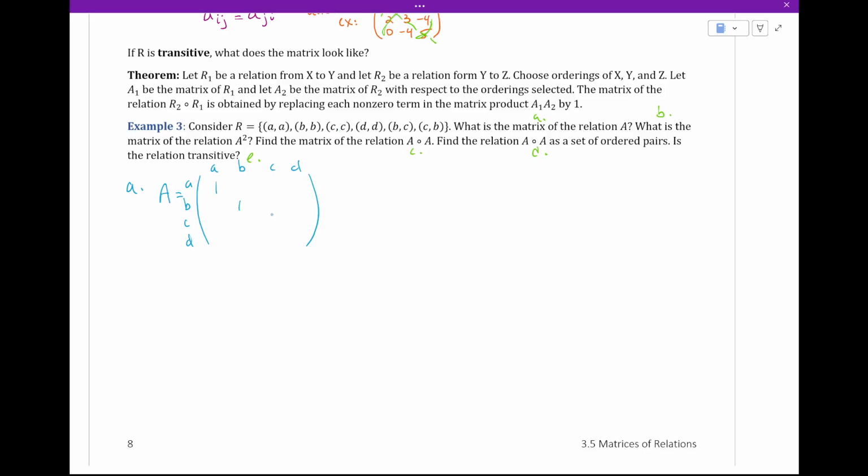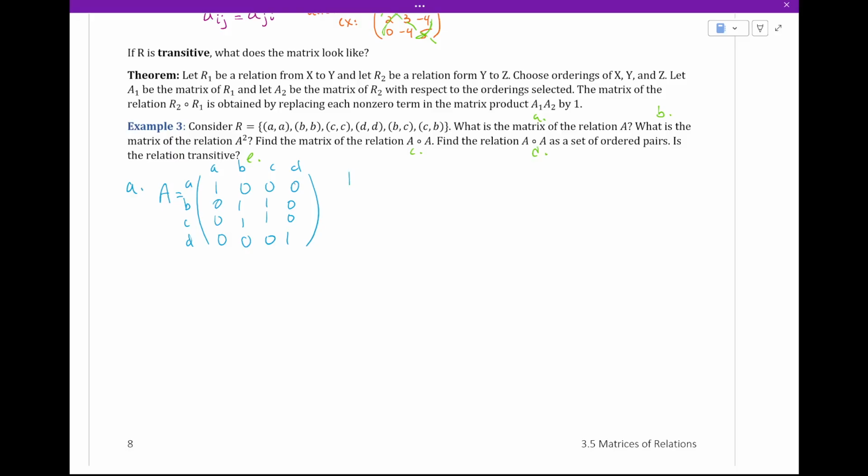So that's all along the diagonal, so this one is reflexive. And then I'm seeing BC and CB. So that's this one, and then all the rest of these are 0. Okay. So we're actually also seeing some symmetry. So this one is symmetric and reflexive. That's so cool. We'll see if it's transitive.